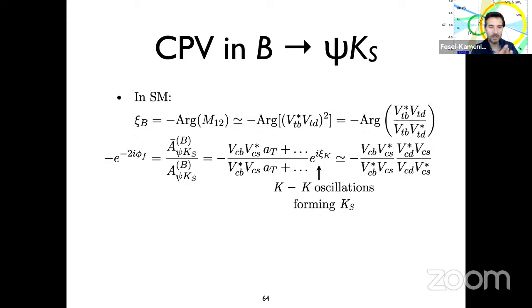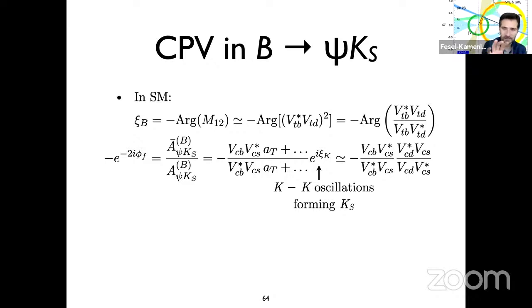Okay. Now, we can actually determine these phases in the Standard Model, and they are completely given by the phases of the CKM elements. Namely, psi_B is nothing else but the argument of M_12, and the phase of M_12 is completely given by the B-B bar oscillation amplitude, which is mediated predominantly by box diagrams, including top quarks.